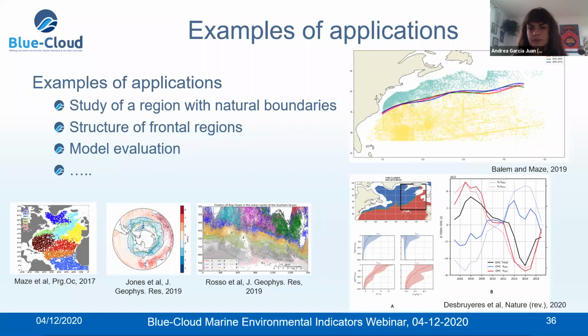It has also been used by Willem and Mas to determine the evolution of the Gulf Stream boundaries during 4 decades using only in situ data. And it has also been used by De Bruyere et al. for tracking the subtropical water signature in the North Atlantic.